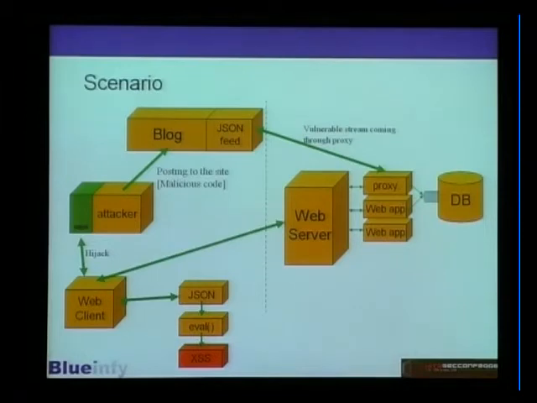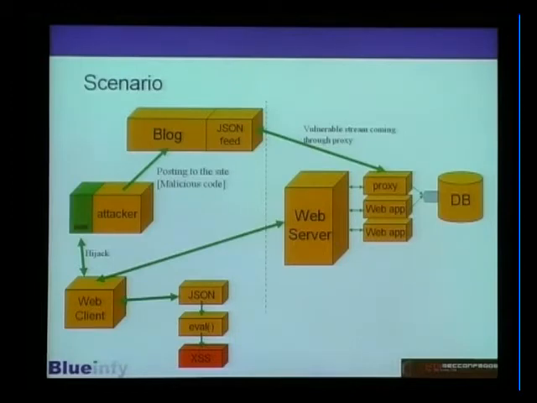Now, a scenario of injection on the 2.0 application is going to happen like this: an attacker will write something on a blog. That blog will get converted into a kind of JSON feed, and that will go and wait on the proxy. So when your web client gets connected through the application and looks for that particular blog's values, you are not going to that blog, but the stream which was written is coming to you.